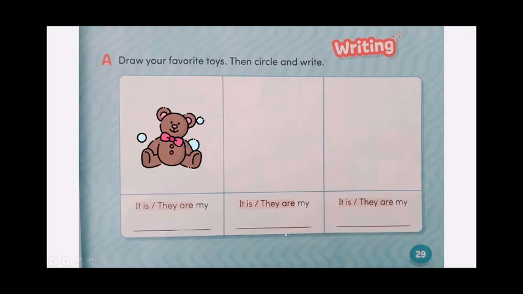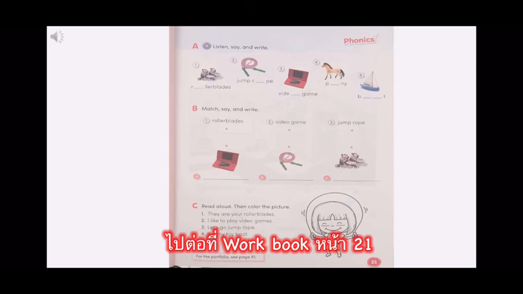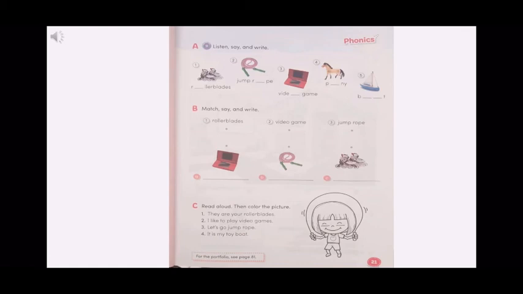Okay, now let's go to your workbook. Go to page 21 of your workbook, and then listen and write the correct word. Number 1, letter A. Listen, say, and write. Number 1.